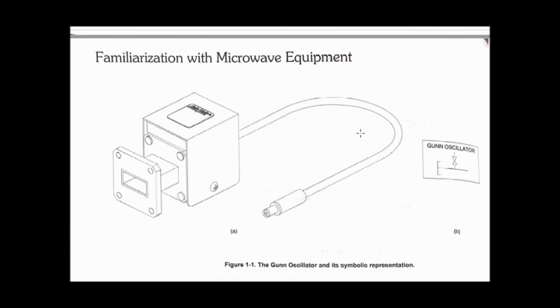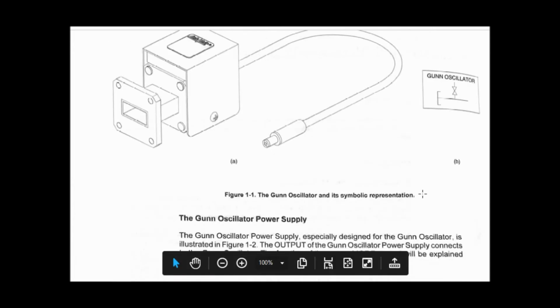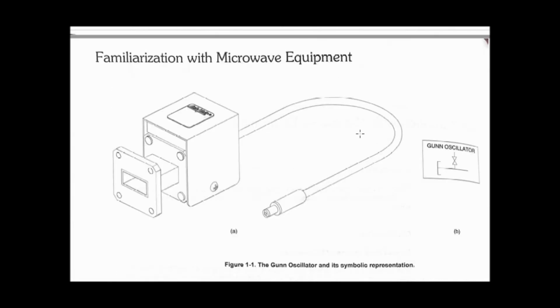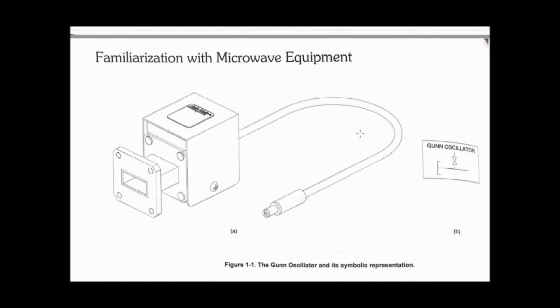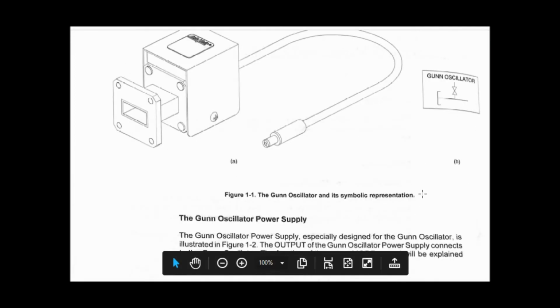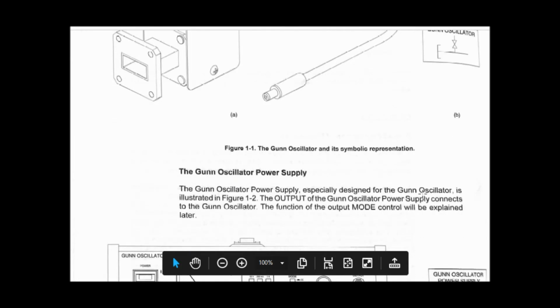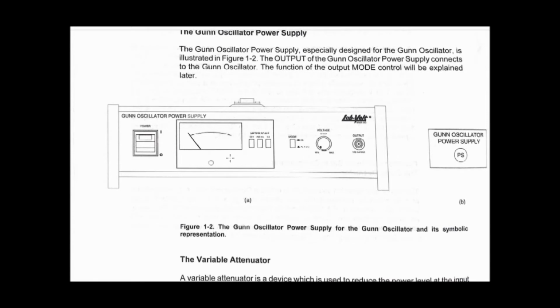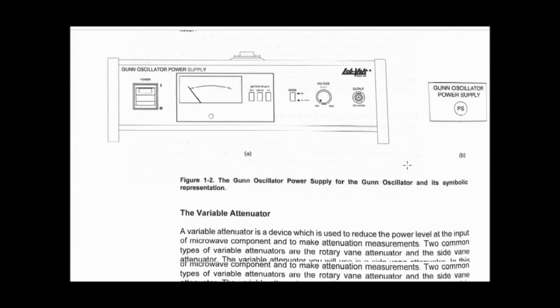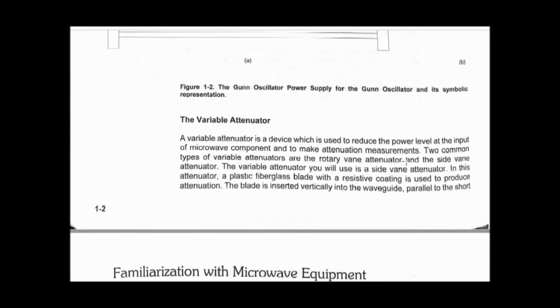This picture shows the figure of a GAN oscillator. Also, you can see the schematic symbol next to the figure of a GAN oscillator. The front panel of the power supply required to operate the GAN oscillator is shown in this figure, and the symbol for the power supply unit is next to this figure.